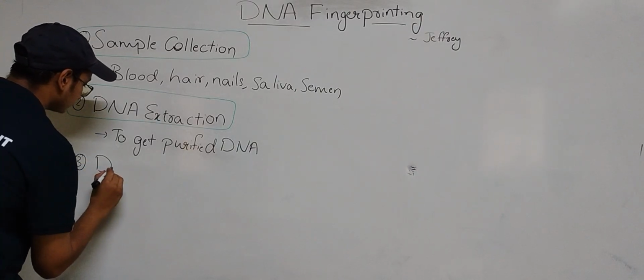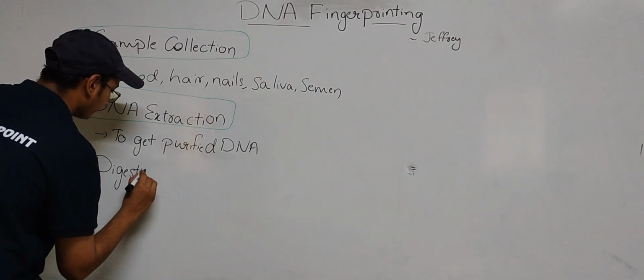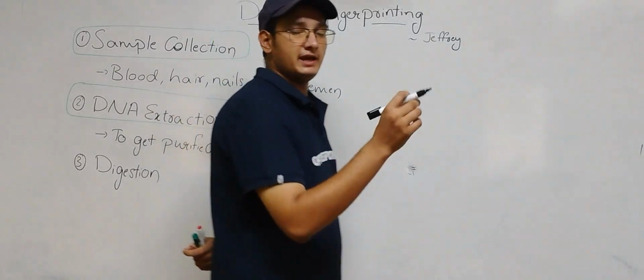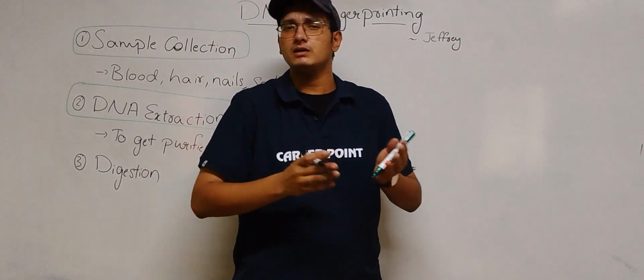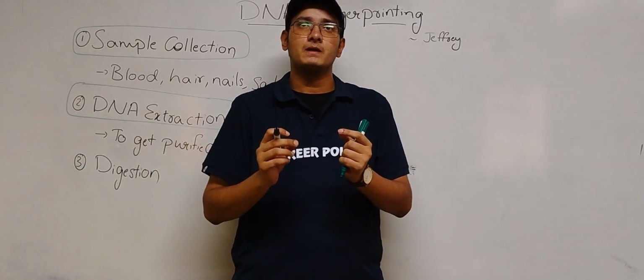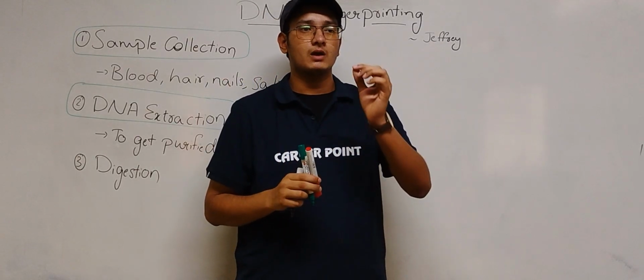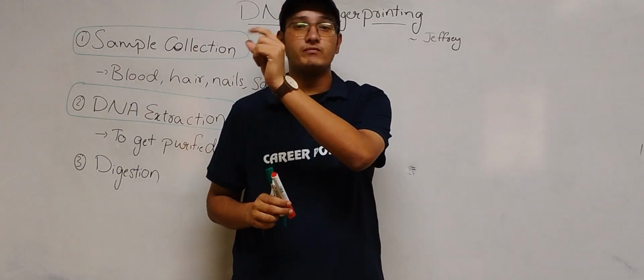And the next step, digestion. So now we will digest the DNA product. Now we got the DNA product. If we take 2 ml of blood, we will get around 500 microliter of DNA from it.